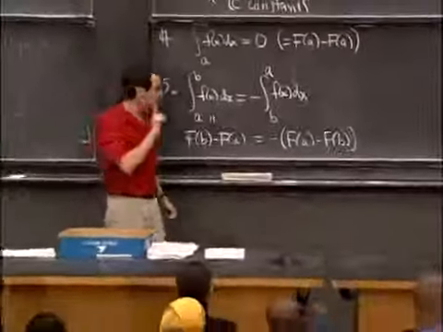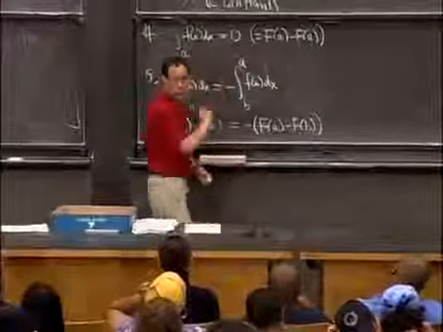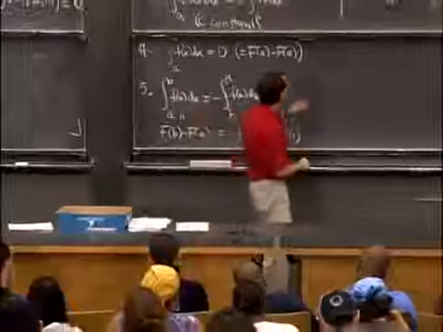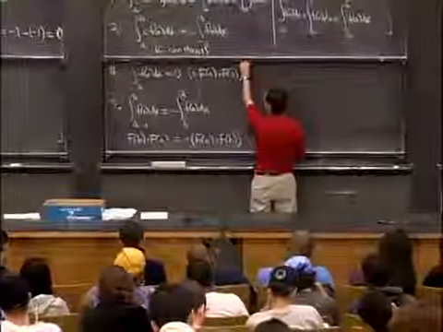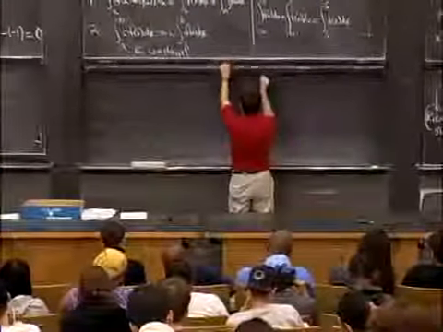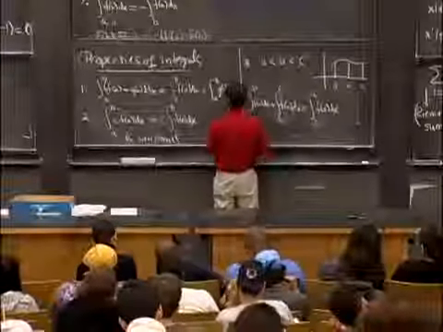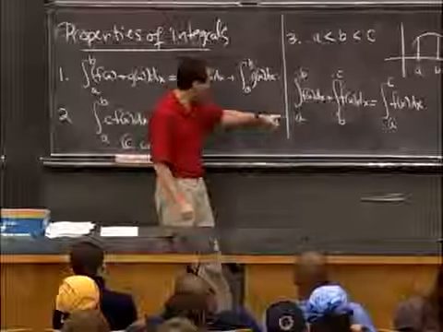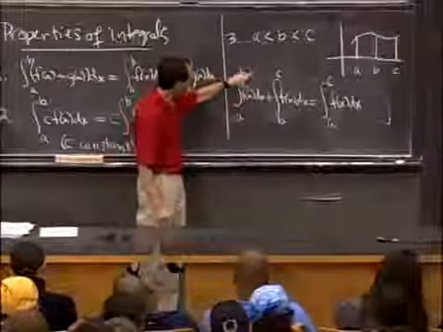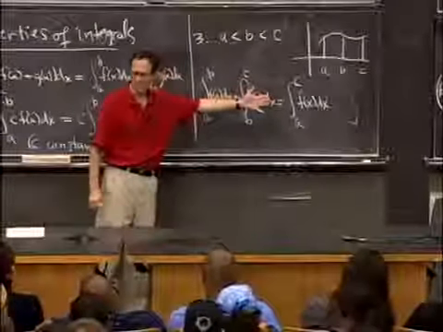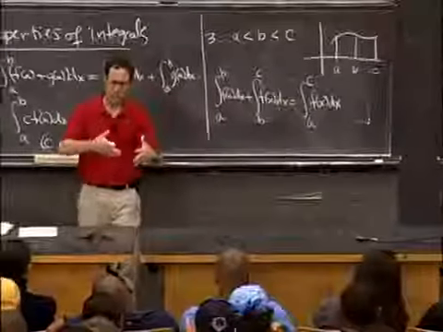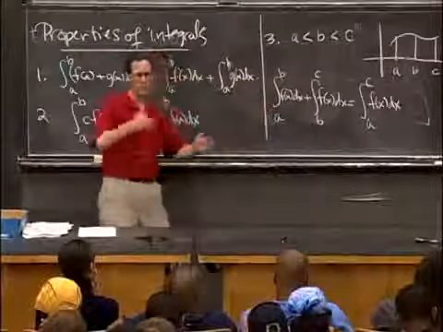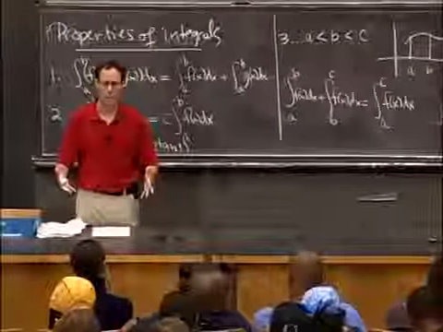And now I want to improve on rule 3 here and point out to you, so let me just go back to rule 3 for a second, that now that we can evaluate integrals regardless of the order, we don't have to have a less than b, b less than c in order to make sense out of this. We actually have the possibility of considering integrals where the a's and the b's and the c's are in any order you want.